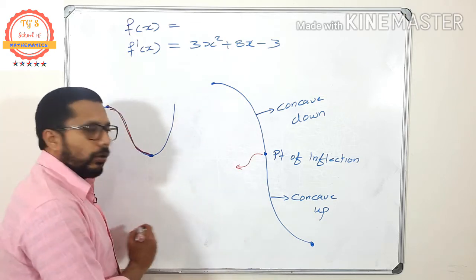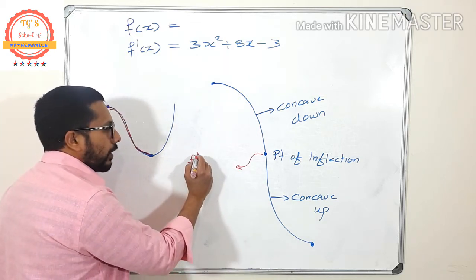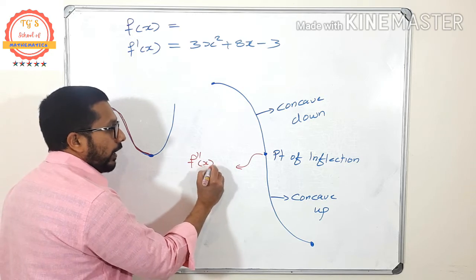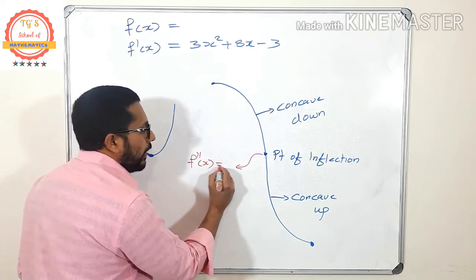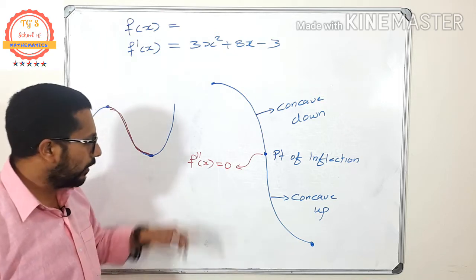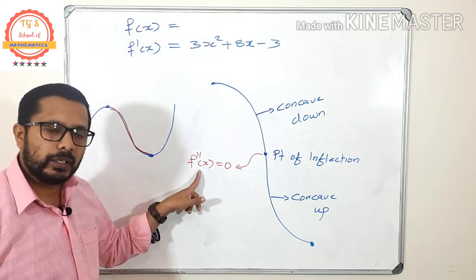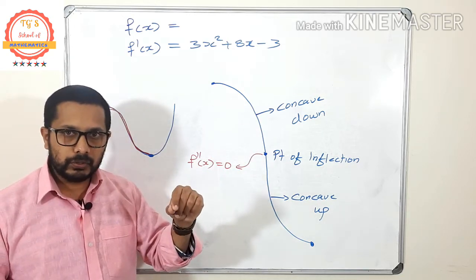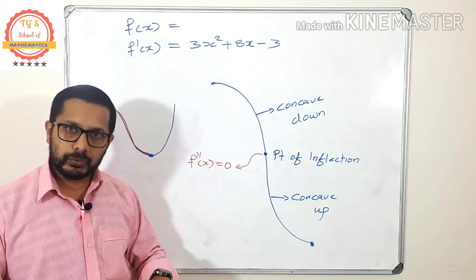At this point of inflection, you have to understand that the second derivative is equal to 0. What is the second derivative? First you find the first derivative, then again find the derivative of the same thing.